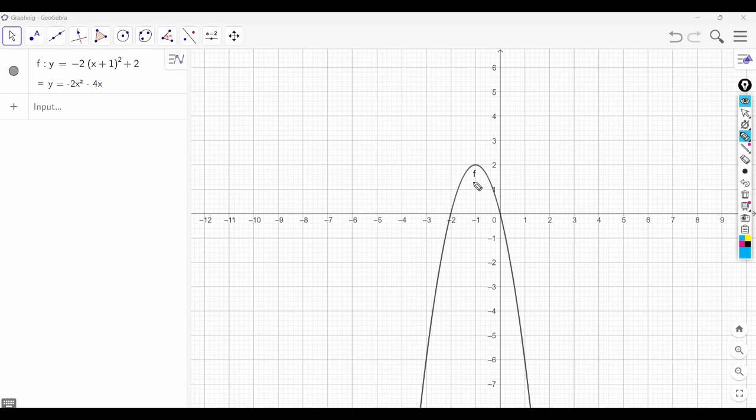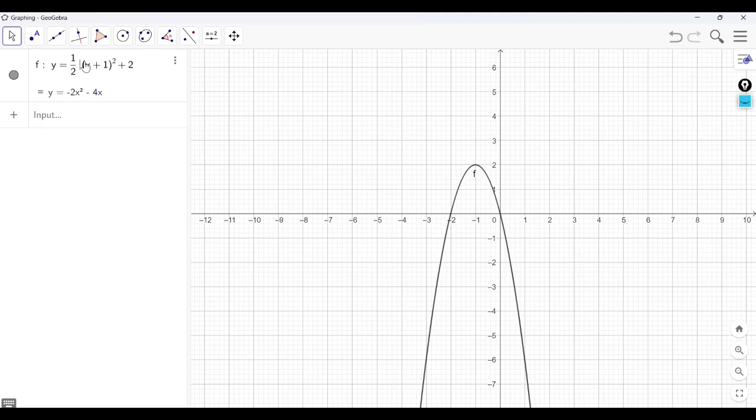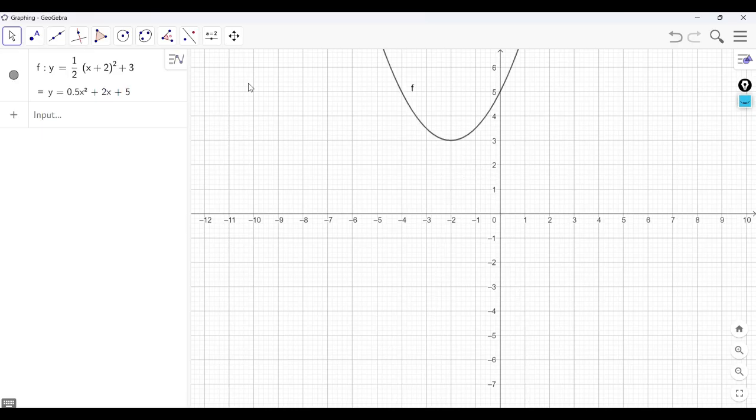Okay, let's do one more example, just because there's one more case we can get. What happens if we make this, let's say, a half times that? Let's make this +2, and we'll make this one +3.